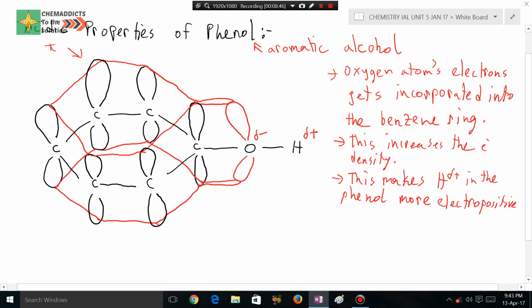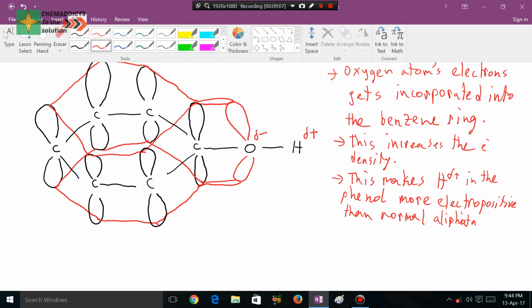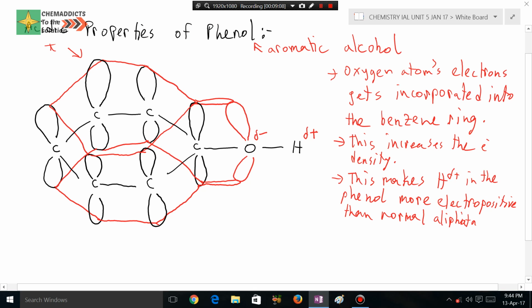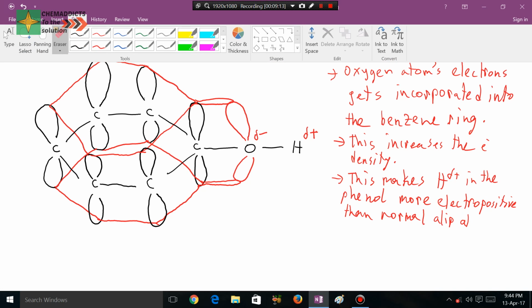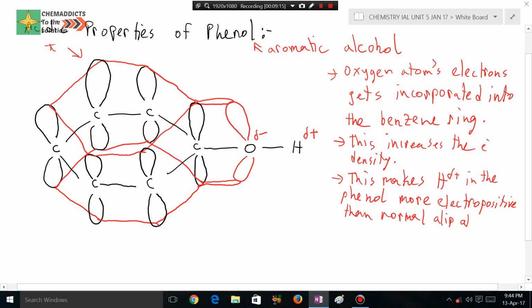So this makes H plus in the phenol much more electropositive than normal aliphatic alcohols. Sorry, I'm making a mistake all the way.